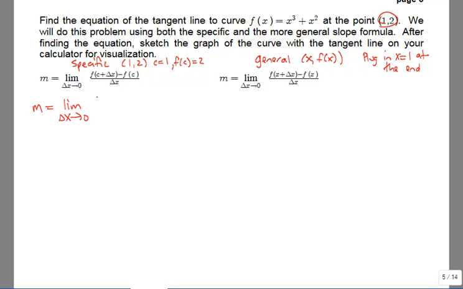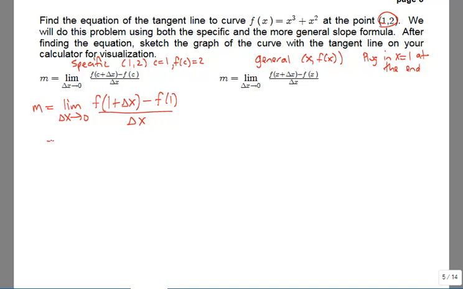So we need to find f of c plus delta x, and in our specific method, we're actually going to use c equals 1. So I'm going to plug in f of 1 plus delta x minus f of c, or f of 1, all over delta x. So we're actually using a number for that c.